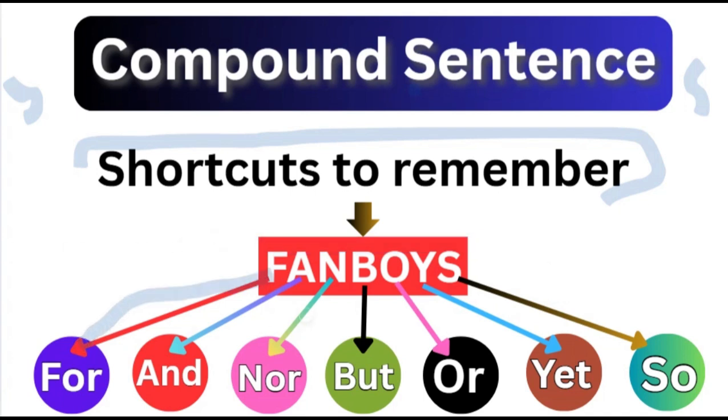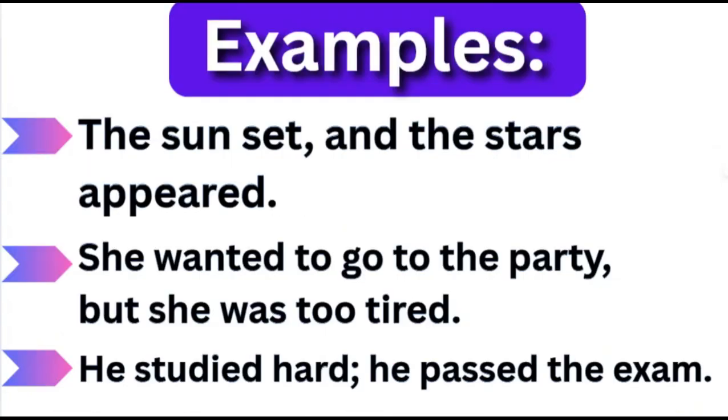F for, A for and, N for nor, B for but, O for or, Y for yet, S for so. These words help you join two independent sentences together. You can also use a semicolon to connect them.